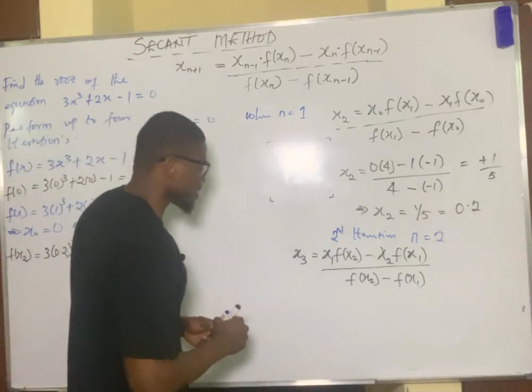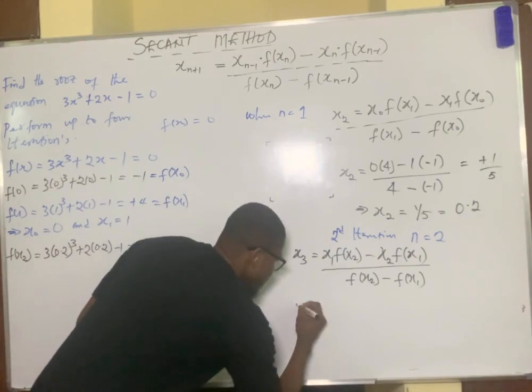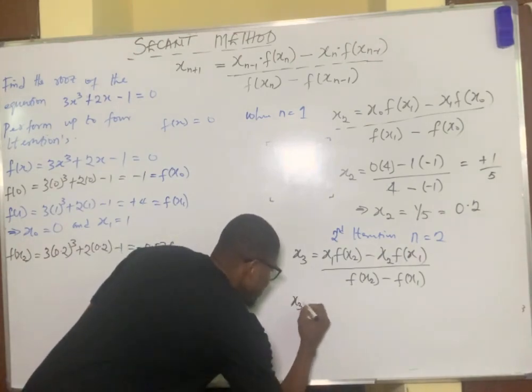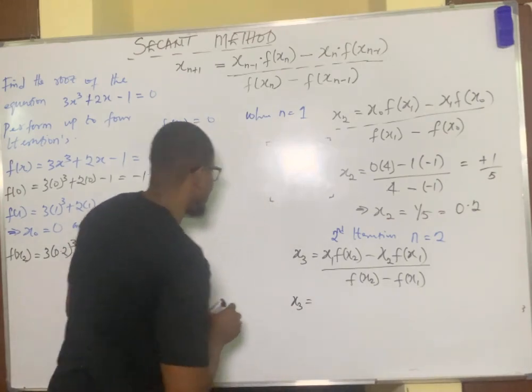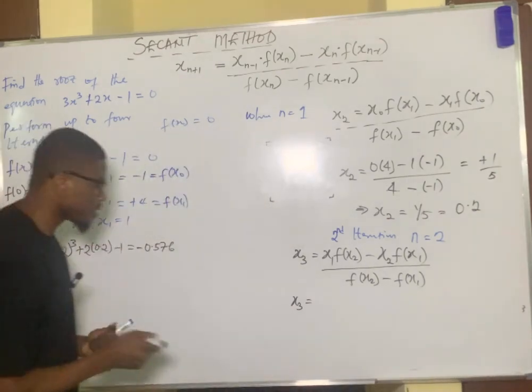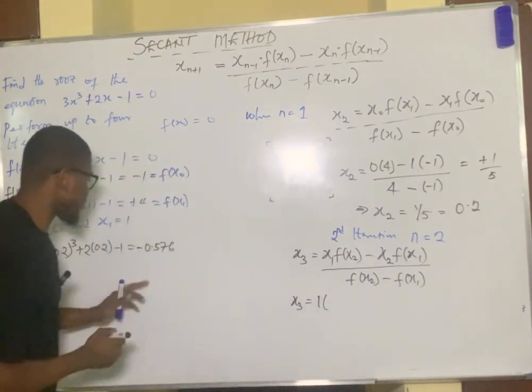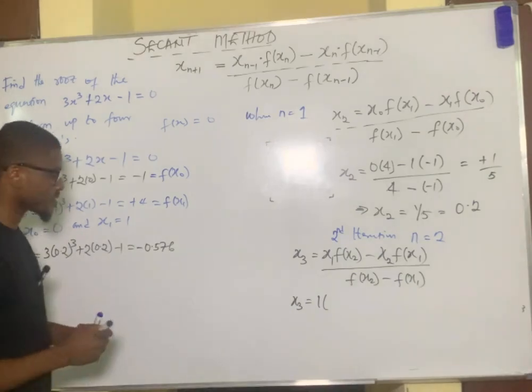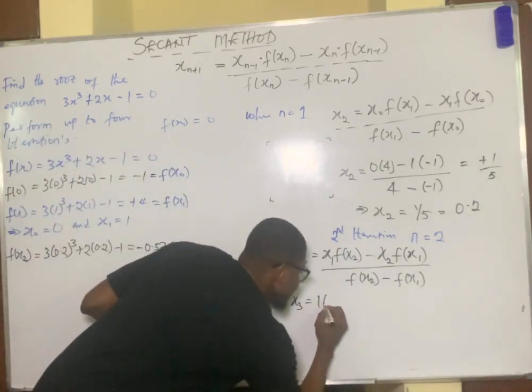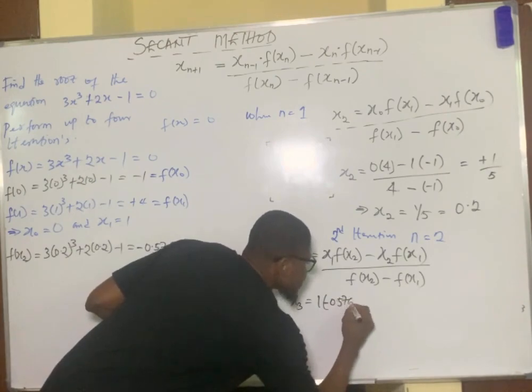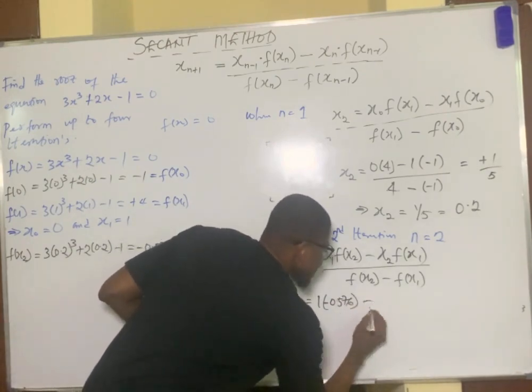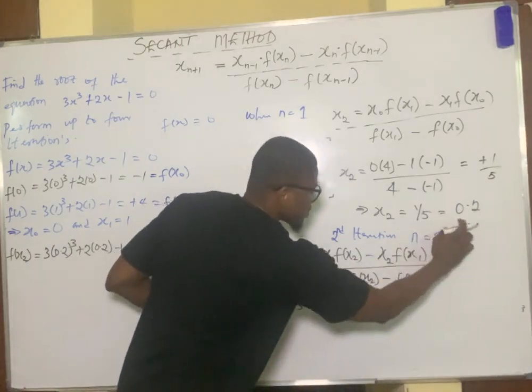Now let's plug everything here to find the third root. Therefore, x3 equals, we know what x1 is. x1 equals 1. So that gives us 1 multiplied by f of x2. f of x2 gave us negative 0.576. So multiplied by negative 0.576 minus x2. x2 here is 0.2.